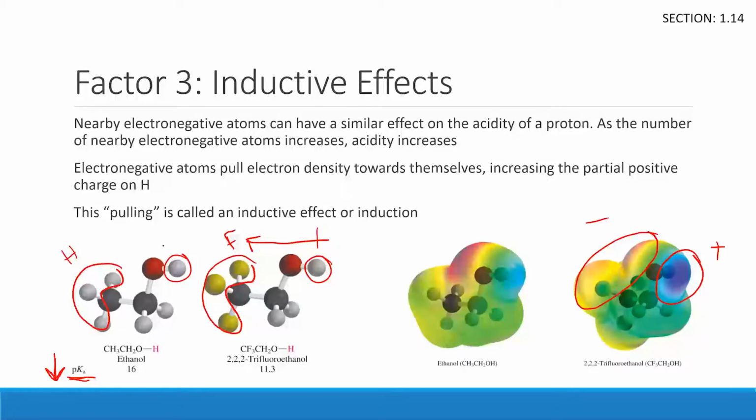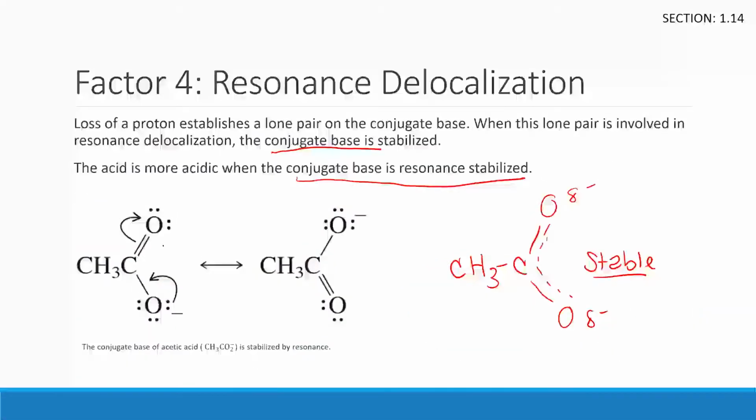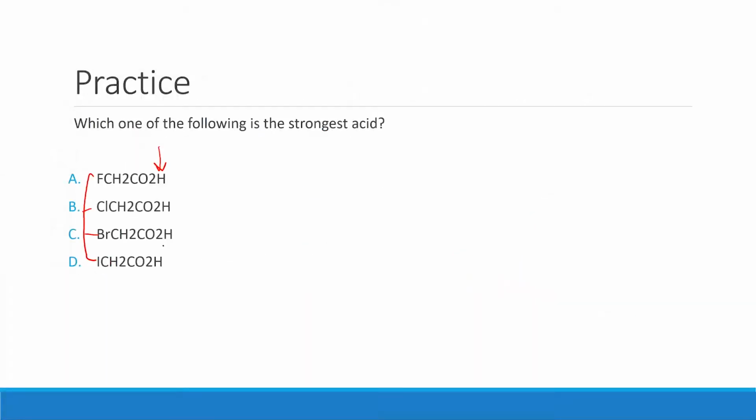And as we said with factor 3 in our inductive effects, if there are nearby electronegative atoms, the more electronegative they are, the more they can pull electron density and cause something to be more acidic. So if we keep that in mind, and we know that we're changing the end atoms from fluorine to chlorine to bromine to iodine.